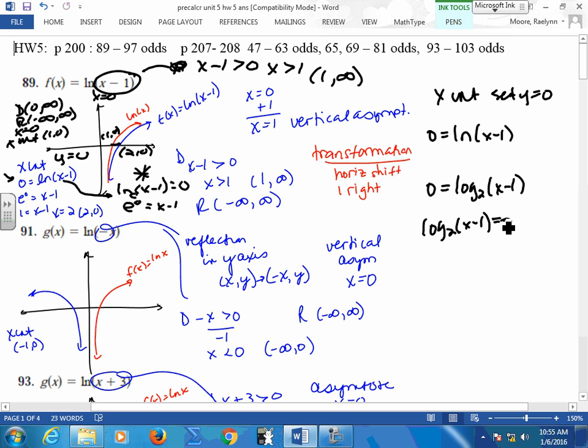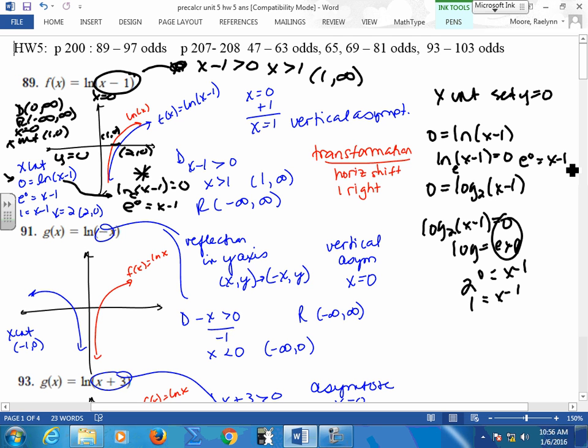Whether you use that or log equals exponent, log equals exponent always works. The base 2 to the 0 equals x minus 1. Anything to 0 is 1. Then add 1. Now when we get to an ln, what's the base of ln? e. So same result. e to the 0 equals x minus 1.